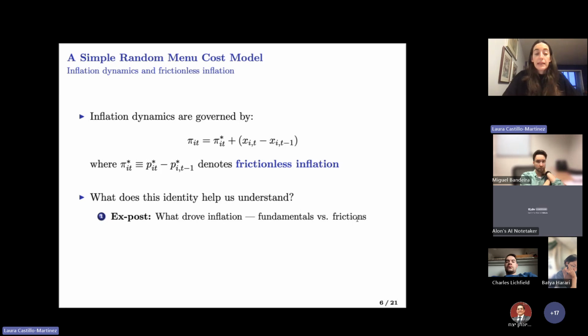The second application, which is probably the most interesting for some of the people here, especially for policymakers, is that if you're able to decompose actual inflation into these two sides, you're able to say how distortionary current inflation is.